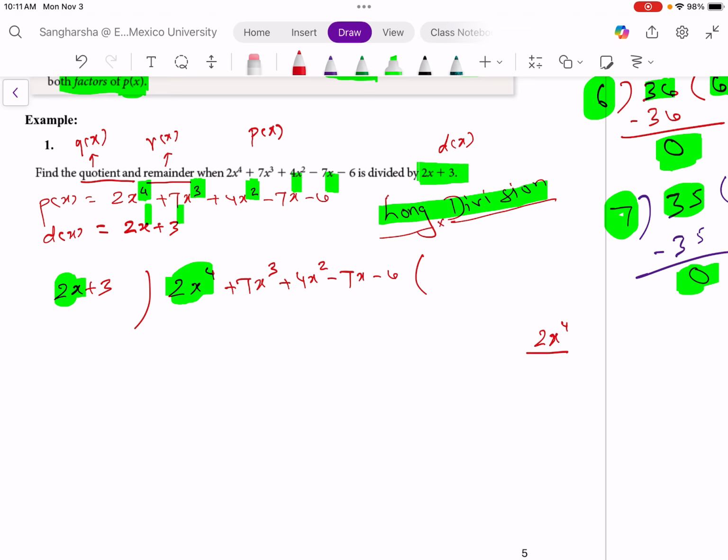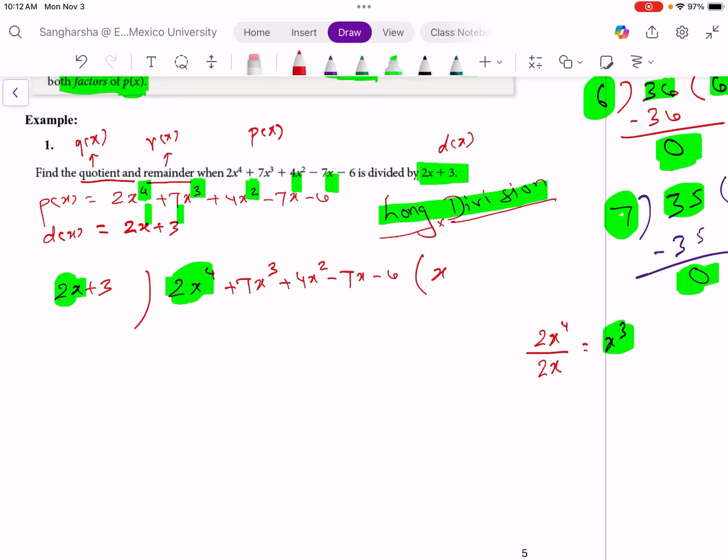So we are dividing 2x to the power 4 by 2x. And how much do we get? 2 divided by 2 is 1. x to the power 4 divided by x is x cubed, right? And this x cubed will be the first term of the quotient, and we write it down here.